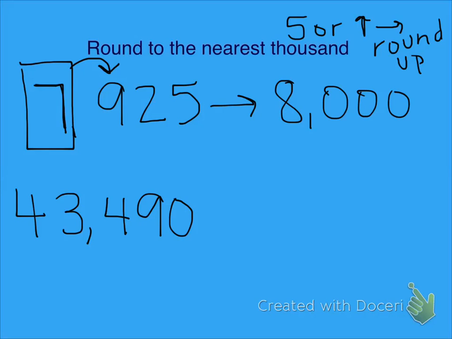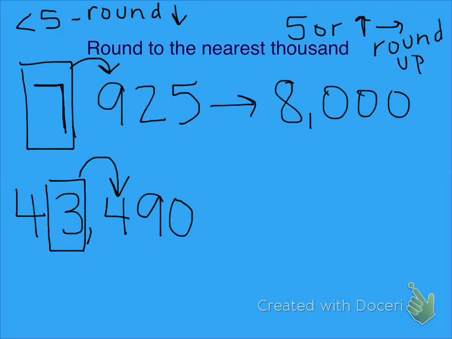So the first thing we need to do is find the number in the thousands place. So that's our 3. Then we're going to look to the right, and there's a 4 next door. So if the number to the right of the place you're rounding to is less than 5, you're going to round down. So 4 is less than 5, so we're going to round down.